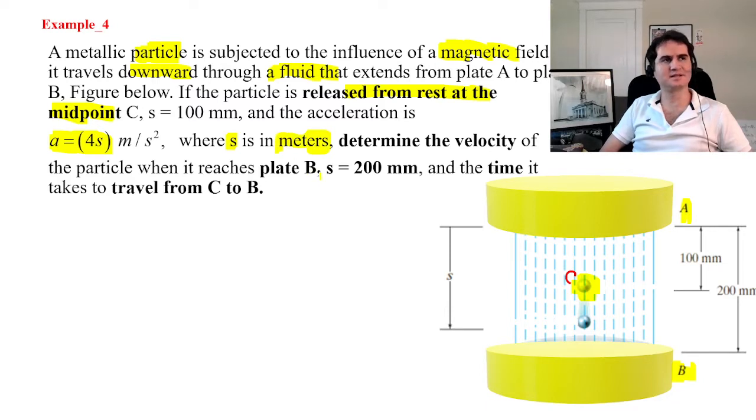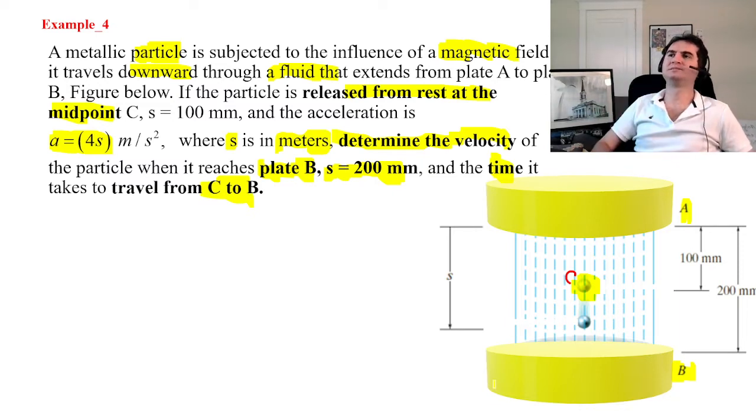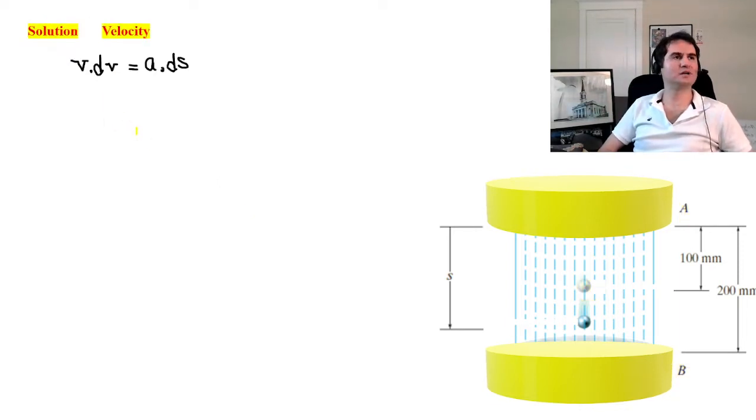This is an SI example. We want to determine the velocity of the particle when it reaches plate B, or s equal to 100 millimeters, and the time of travel from the center to the bottom B. As soon as you categorize the acceleration, you can easily attempt the problem.